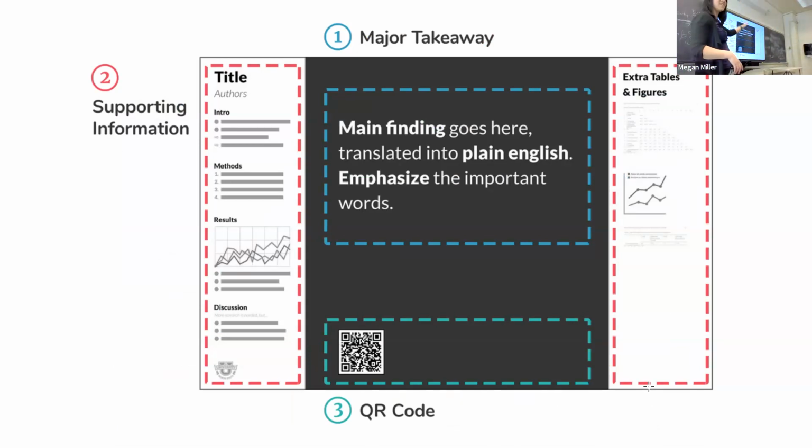In a way, this is like having the space of 4 columns. You've made the 2 side columns not as wide and used more space in the middle. This layout also uses a QR code concept, where you have very brief information on your poster so it's easily digestible by your audience, but they can scan a QR code that takes them to a bit more detail about your research.